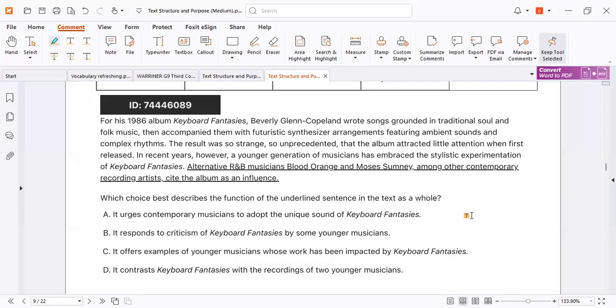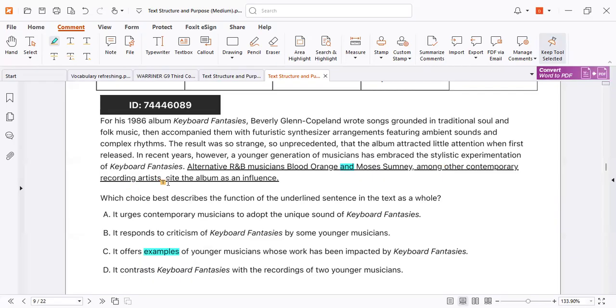Yes, please. Always focus on the answer and underline. Look for C. He said it offers the underlined only. Examples. Do you have examples? Yes. Look: alternative R and musician and among other contemporary recording artists.